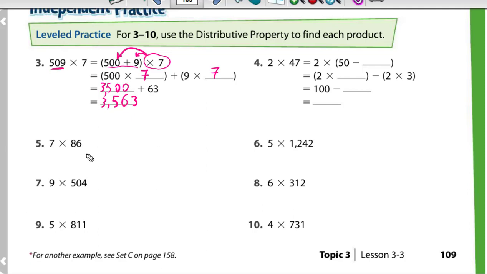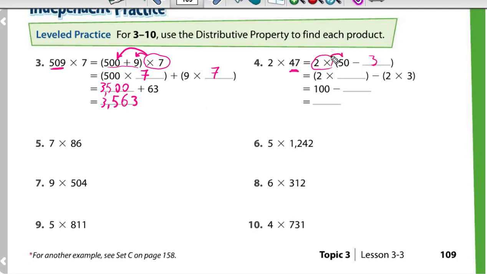Not here? Yes, Ahmed. Help me with the next one and speak up. Raise your voice. Okay, now this is 47. 47 is 50 minus what? 3.